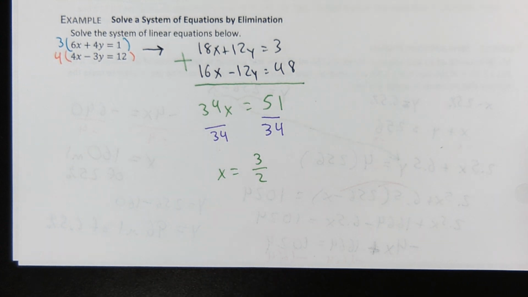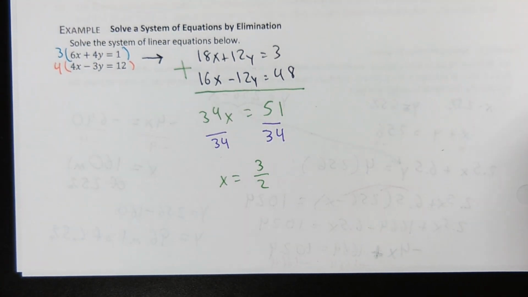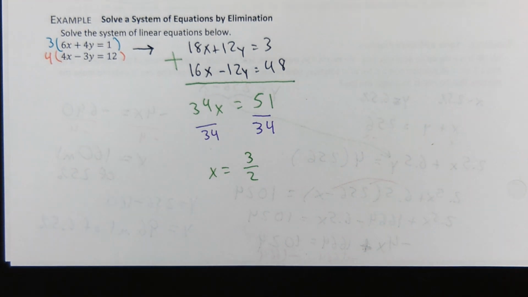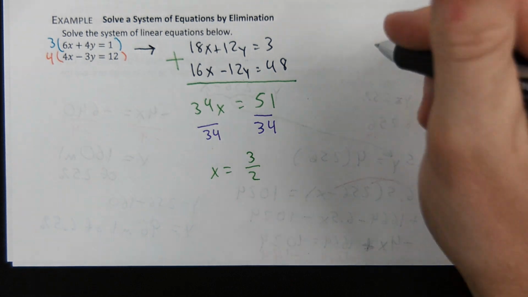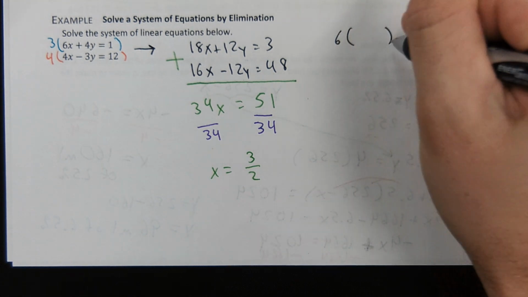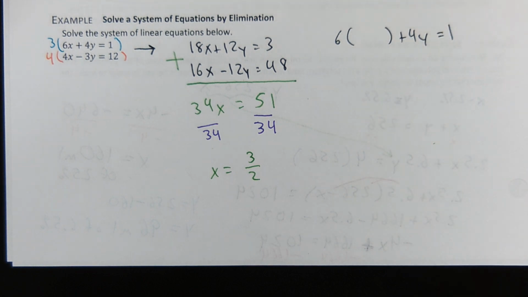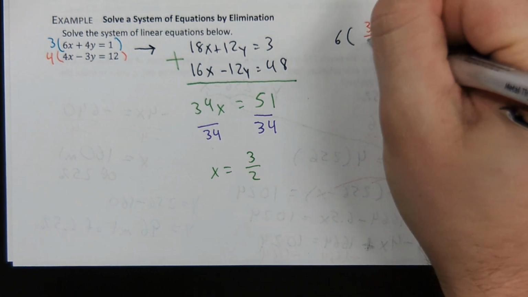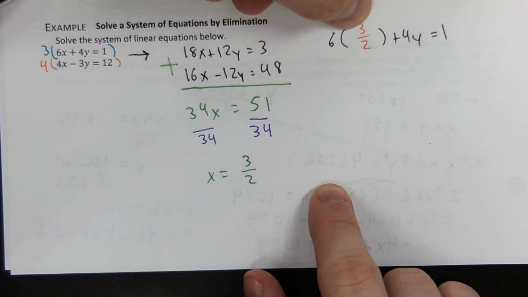Now take your x equals 3/2 and go to any of our 4 equations, plug in x equals 3/2 and get y by itself. It doesn't matter which one you choose. I'll go with the top one. Why not? 6 times whatever x equals. And x happens to be 3/2. 6 times 3 is 18.